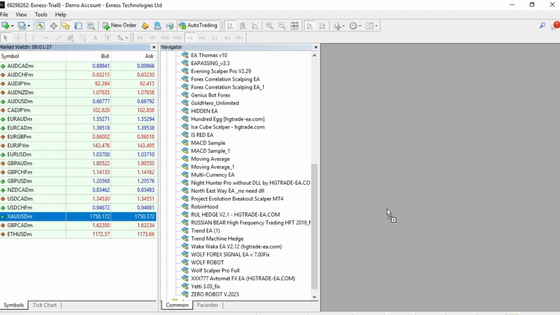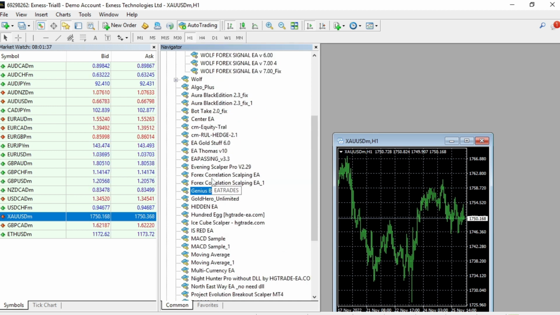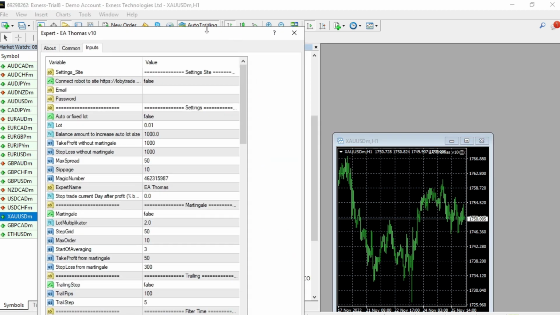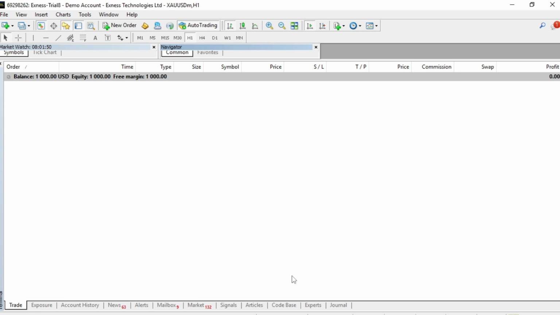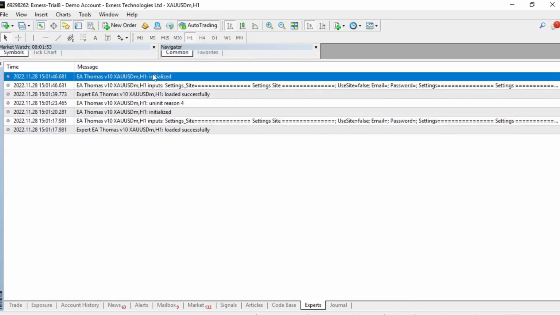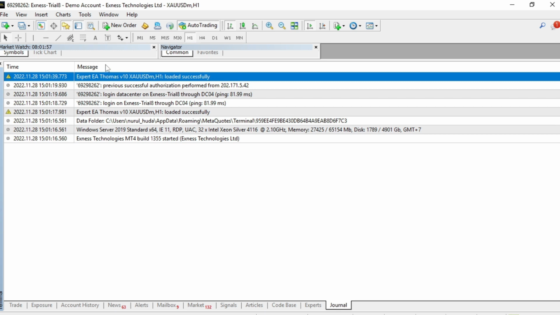For the settings I will leave the default. And up to here I have successfully run the expert advisor. I will also make sure that the expert advisor is running in the journal tab. Make sure there is a description loaded successfully.